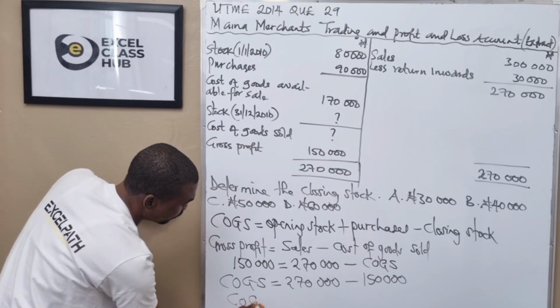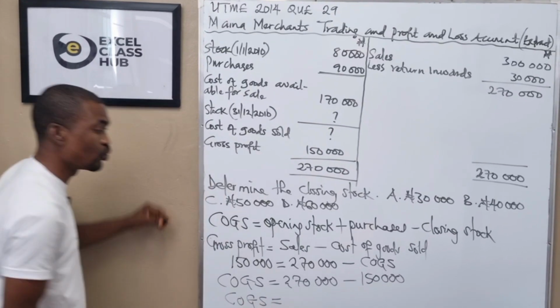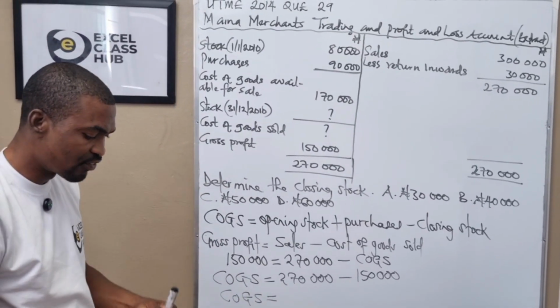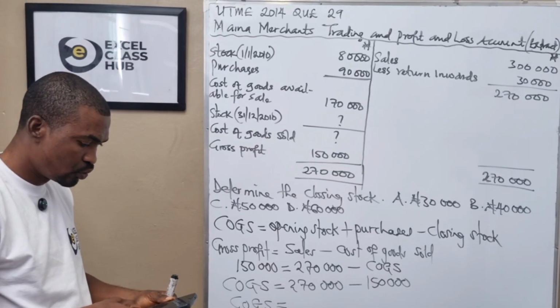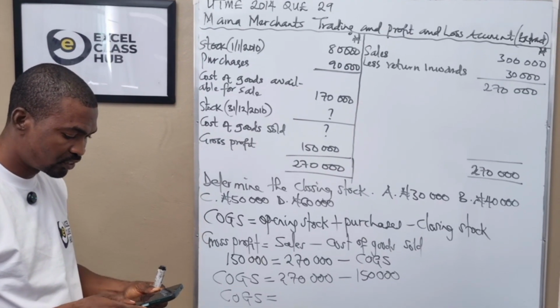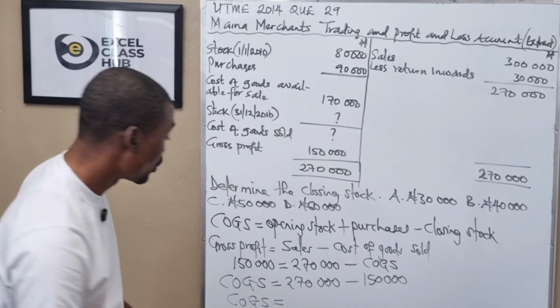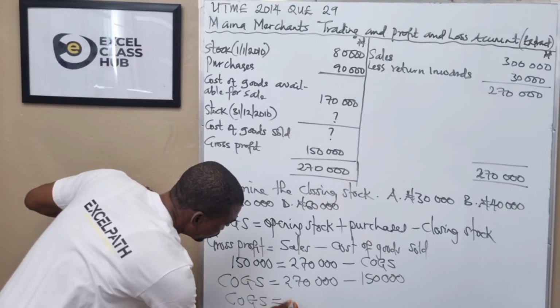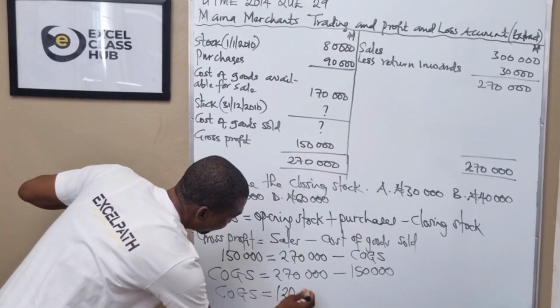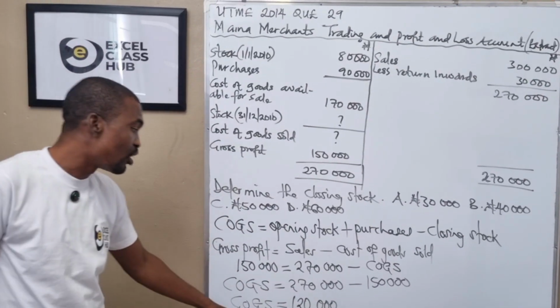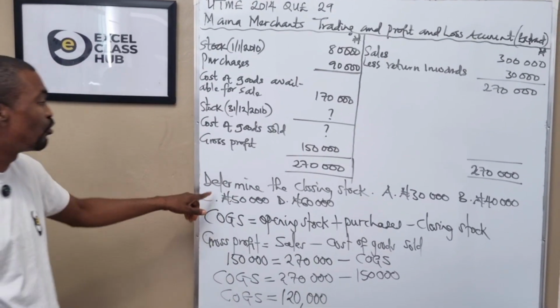So cost of goods sold is equal to 270,000 minus 150,000. So it means our cost of goods sold is 120,000.